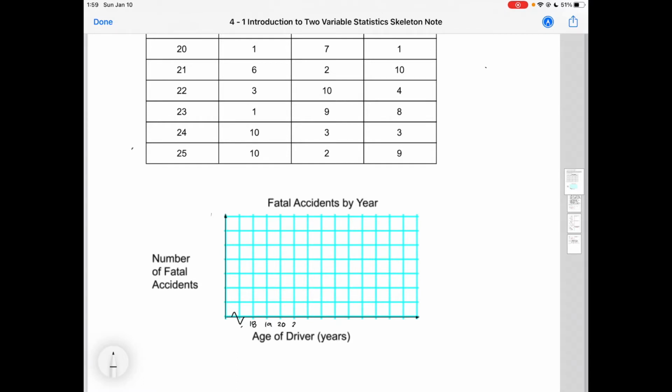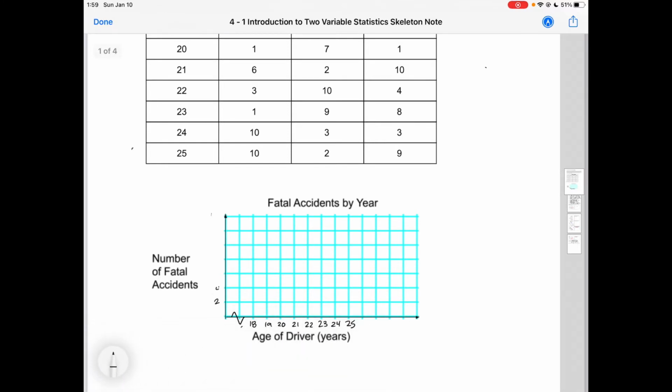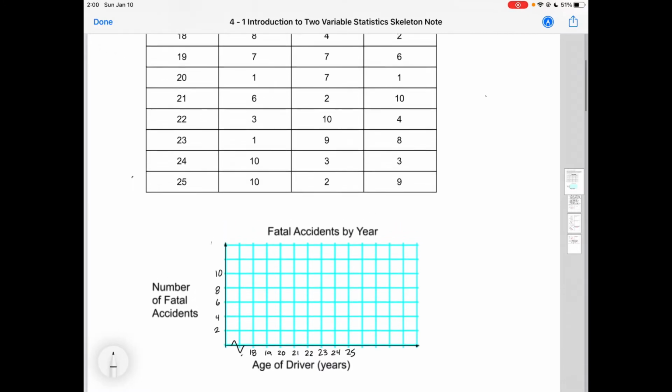We'll do 18, 19, 20, 21, 22, 23, 24, 25, and then we'll do the number of fatal accidents on the y-axis. Let's go up by twos instead: 2, 4, 6, 8, 10.